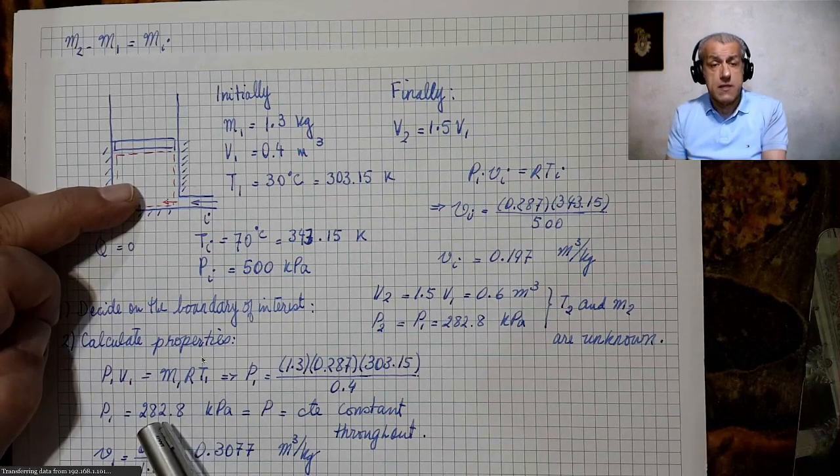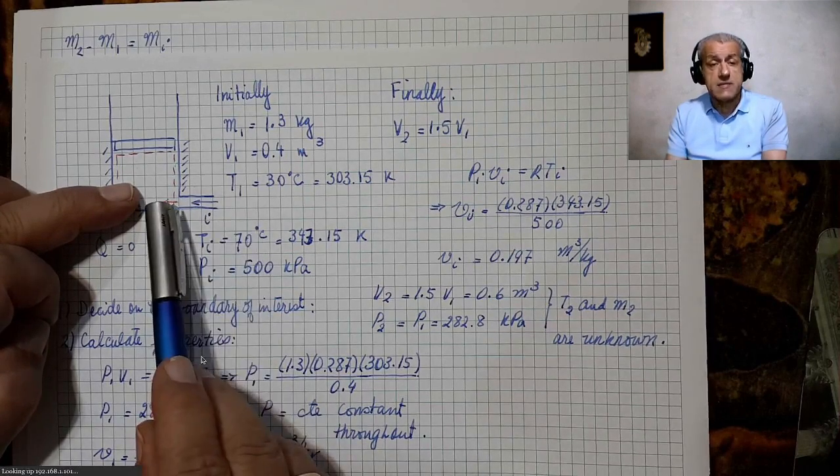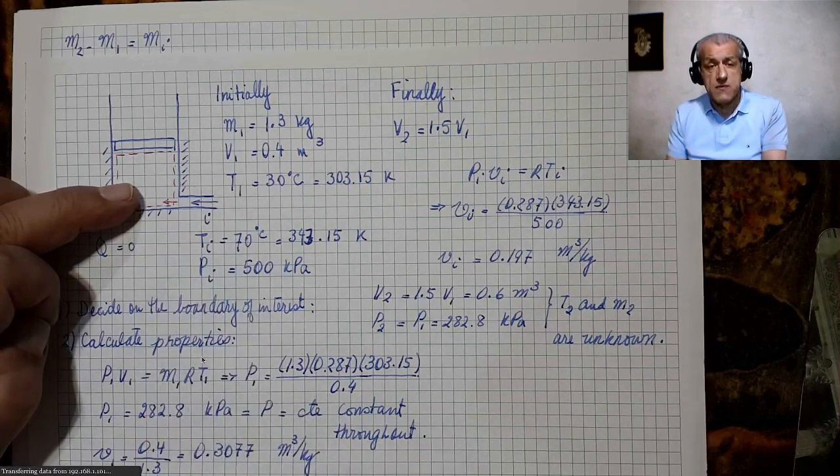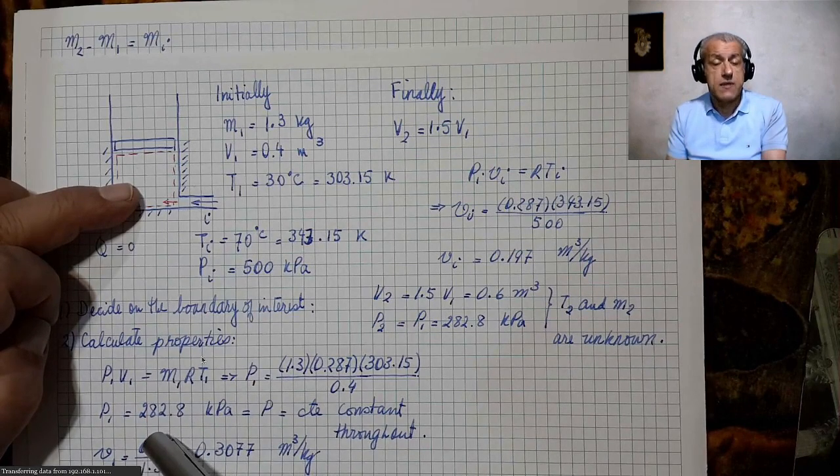So there is a pressure difference. The air that enters would expand through this pressure difference, and therefore this sudden expansion would be irreversible. So there is entropy generation.